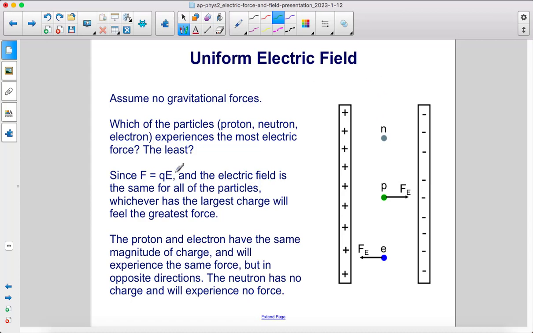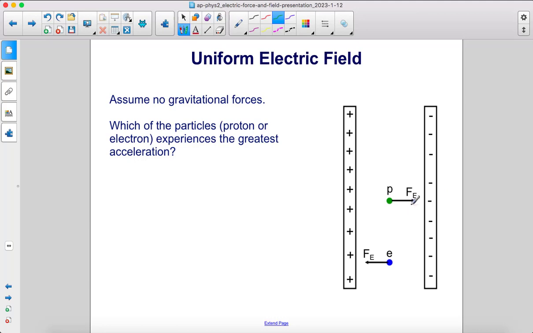Well, since force equals charge times electric field, and the electric field is the same for all of the particles, whichever has the largest charge will feel the greatest force. The proton and the electron have the same magnitude of charge, so they will experience the same force, however, in opposite directions. The neutron has no charge and will therefore experience no force.